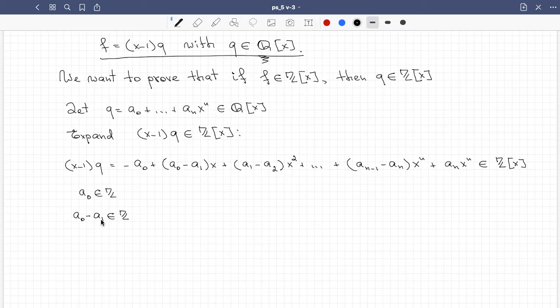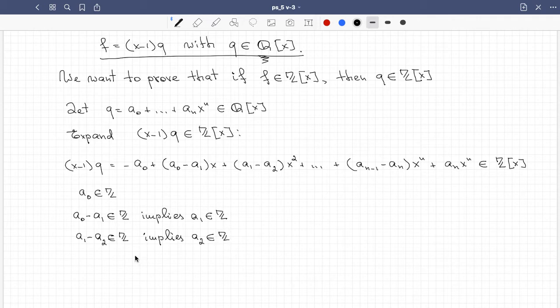Therefore, a1 must also be an integer. Now, a1 minus a2 is an integer. But we already know that a1 is an integer. And that implies a2 is an integer.